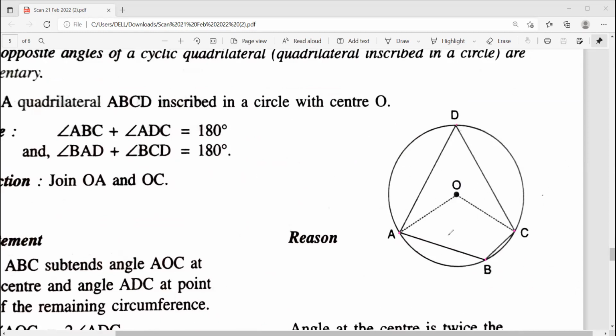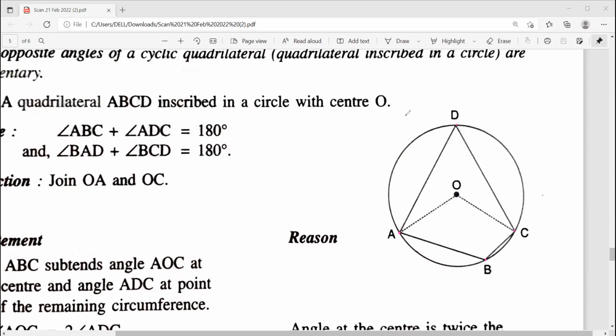So you call these points as concyclic points, and you call the quadrilateral a cyclic quadrilateral.